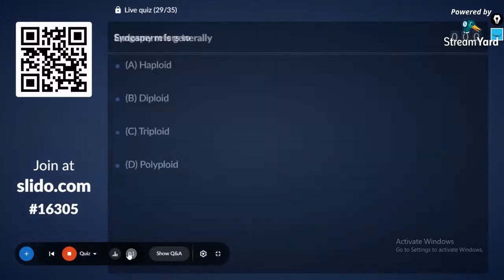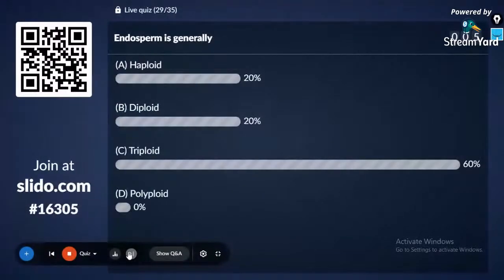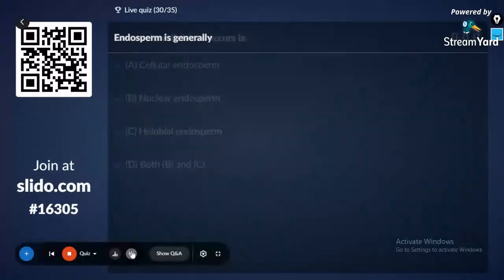Endosperm is generally. Guys, some of you have not prepared even now for the examination. I don't know why it is going like that. Endosperm is generally haploid, diploid, triploid, or polyploid? Even for the simplest question, you are not applying even a little common sense. Guys, it is triploid, 3N condition endosperm. Next question on the screen.